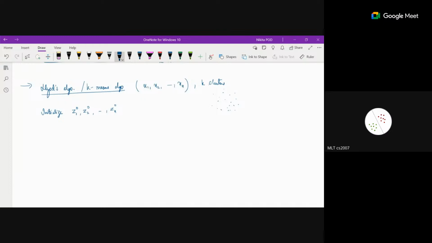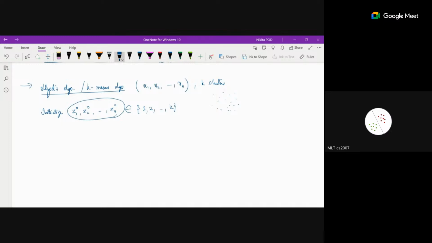In the very first step, we do the initialization, and you randomly initialize all these data points. We will call it the zeroth iteration. In the initialization, you just randomly assign these values, so each data point is randomly assigned, and they will definitely belong to the set 1 to k.